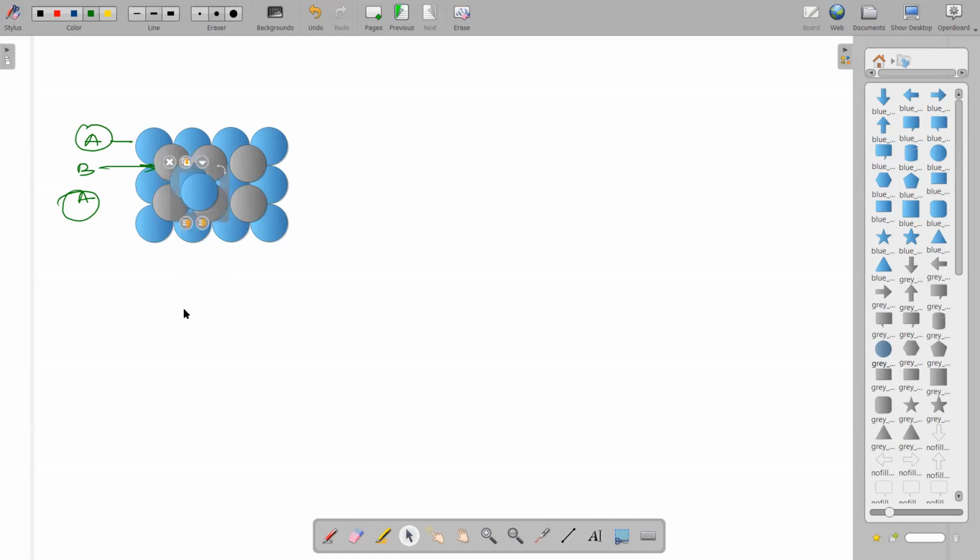A blue layer will be on top here, similar to what you have seen. As you can see, now the black one went on the voids of the blue one. Now blue ones are going in the voids of the black one.